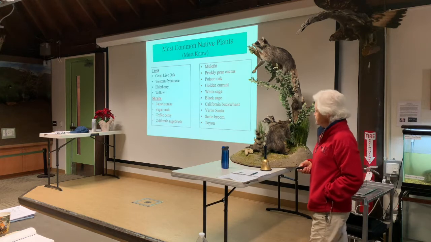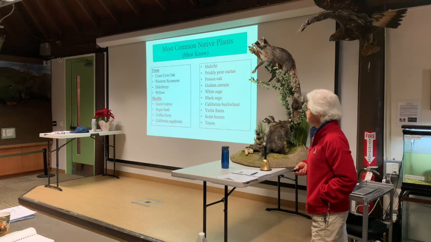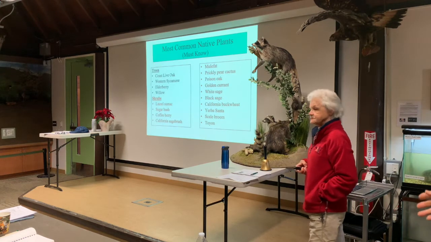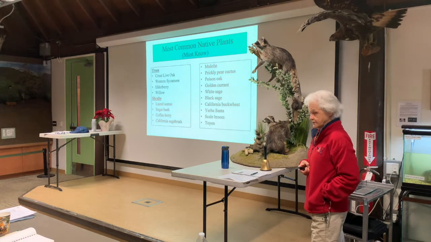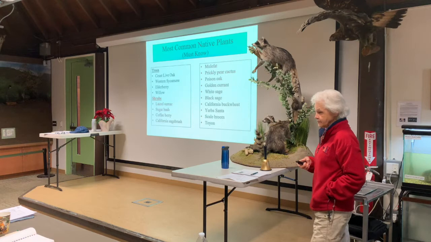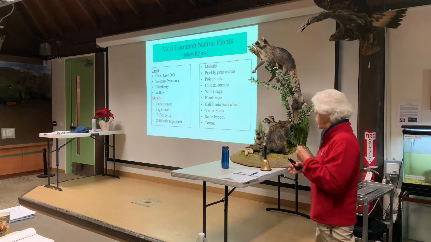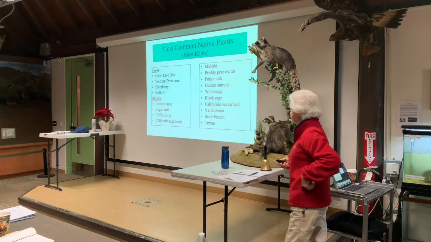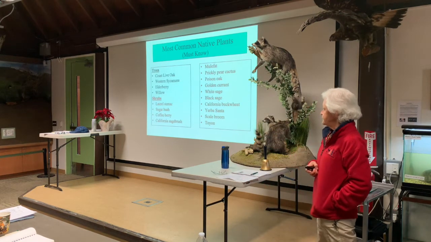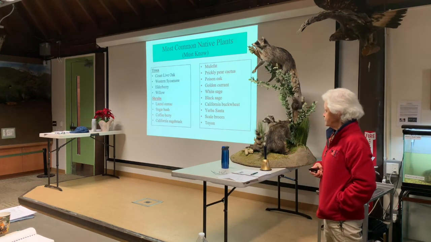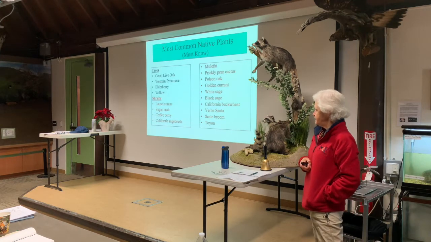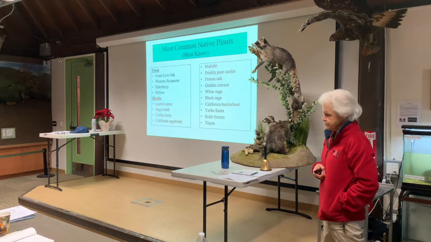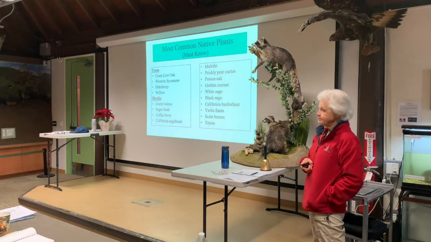So we talk a little bit about tools. Here's a list of the most common native plants, here locally. We'll talk about what native means later on. The trees that you have here are the coast live oak, western sycamore, elderberry, and willow. You should be able to identify them.